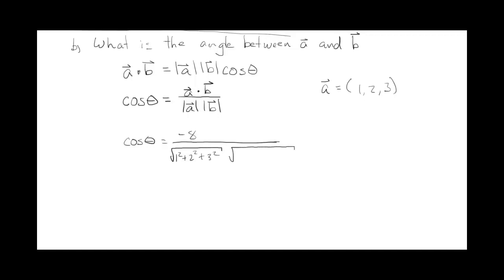And then the magnitude of B, B was the vector -2, 3, -4. So that would be -2 squared plus 3 squared plus -4 squared. So working that out, you get -8 over the square root of 14, and this would be the square root of 29, times the cosine of theta.